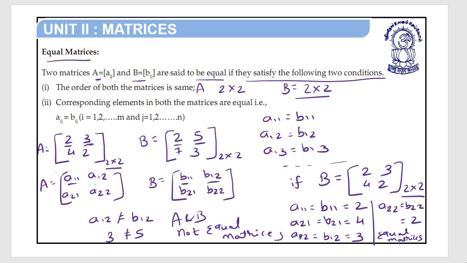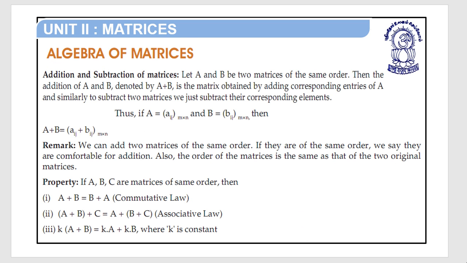Equal matrices. Now next one is algebra of matrices. Algebra means addition and subtraction. Addition and subtraction of matrices. Let A and B be two matrices of the same order.